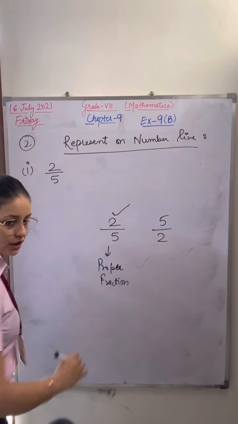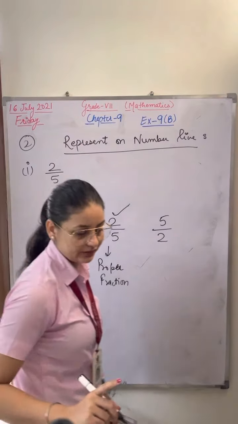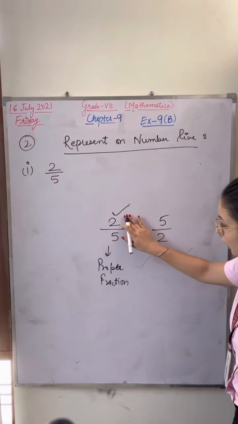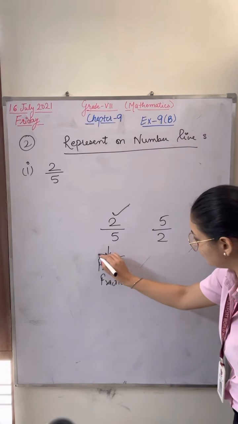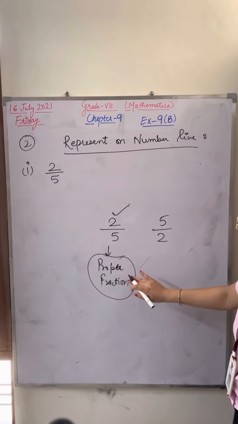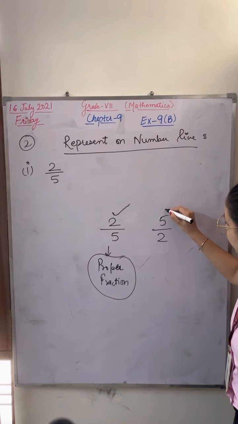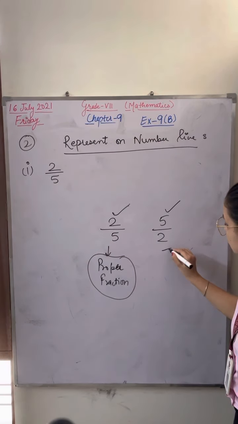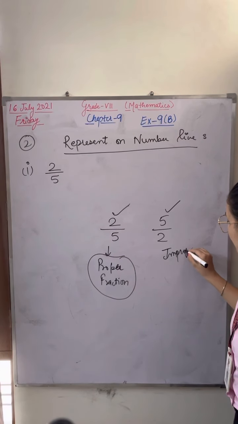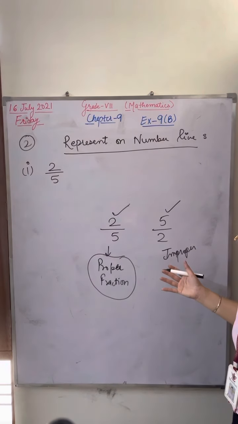Very good. If the numerator is smaller and the denominator is bigger, that is known as a proper fraction or proper rational number. If the numerator is bigger and the denominator is smaller, that is known as an improper fraction, or improper rational number.